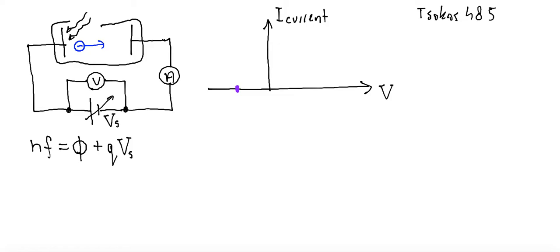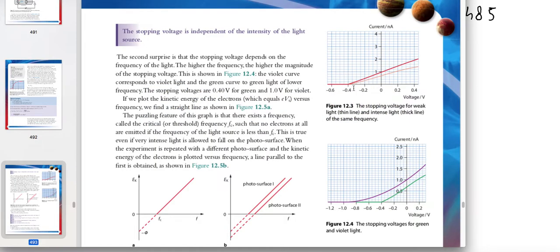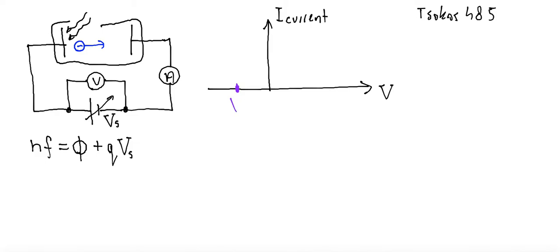So if we have a voltage bigger than this certain voltage, called the stopping voltage, like here, then electrons emitted from the surface can be stopped by supplying a certain voltage to the circuit.